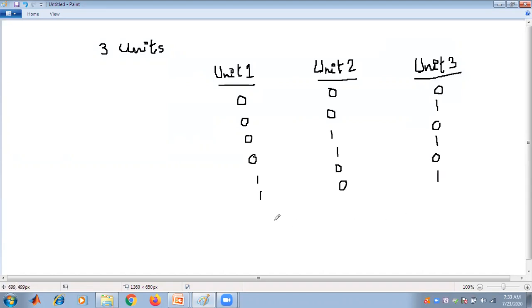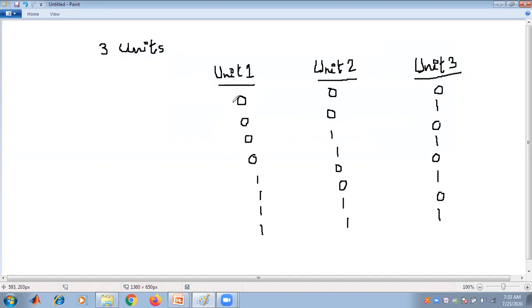We are trying all the combinations. Another is that units 1 and 2 are in running condition where unit 3 is off, and another is that all the 3 units are in running condition. So you will see 1, 2, 3, 4, 5, 6, 7, 8. We are getting 8 combinations.